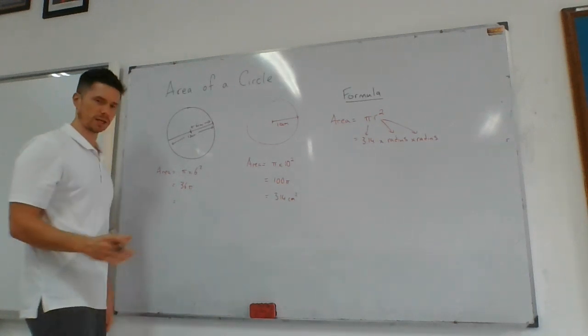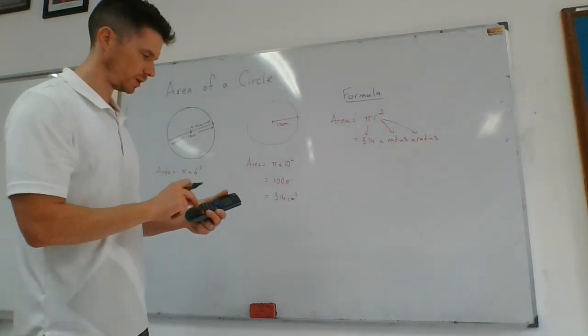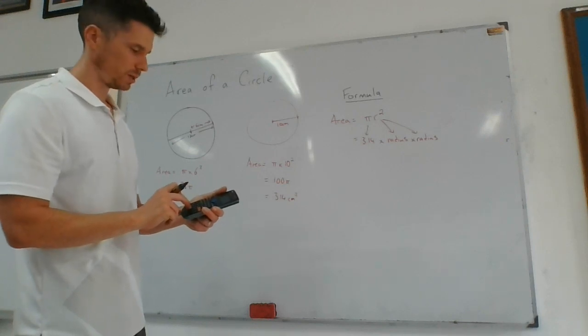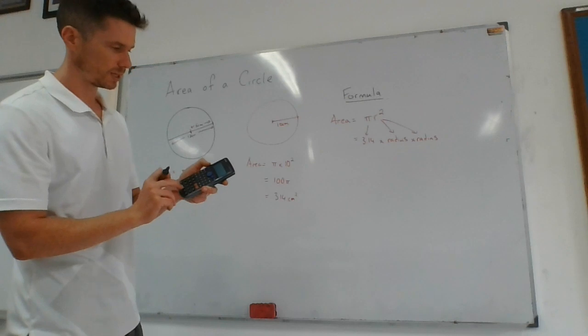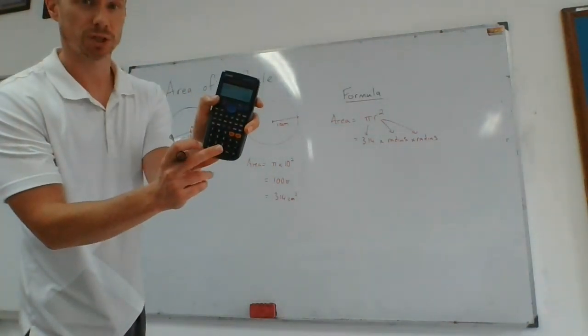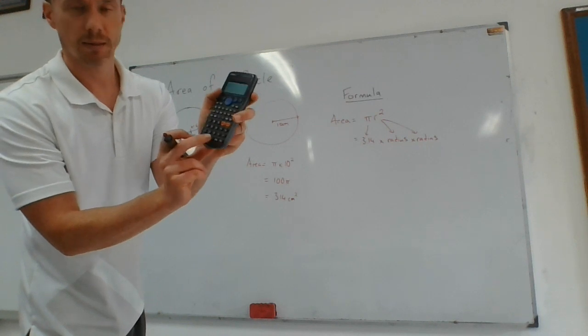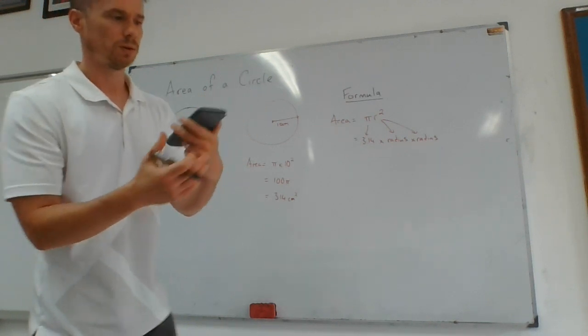and then using my calculator, this one's not as easy to multiply. I do 36 multiplied by, well, there's actually a pi button on your calculator. You might be able to find it, but in most calculators, it's second function and this 10 to the power of something, but if you second function that, you can see pi.